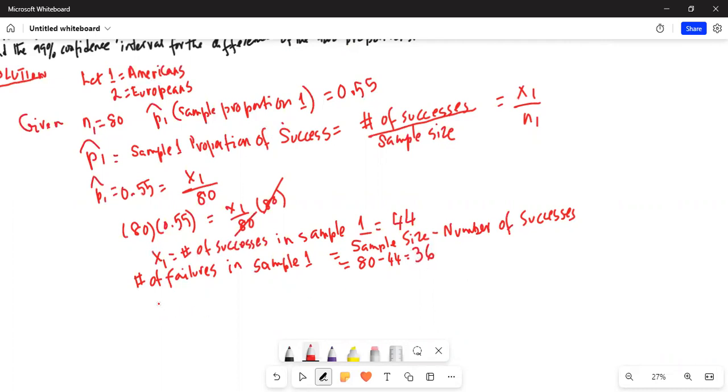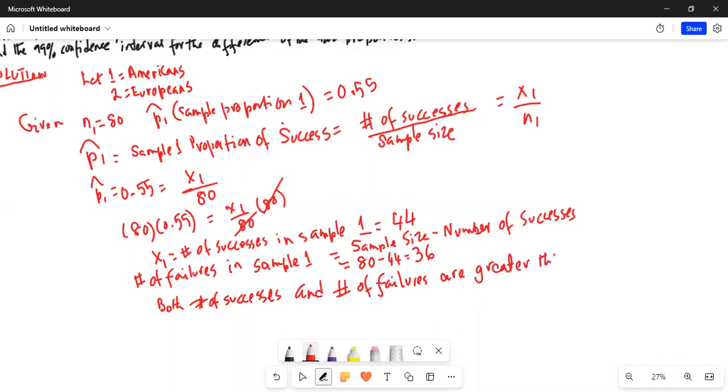So both number of successes and number of failures are greater than 10.